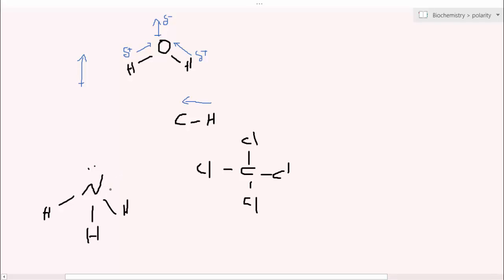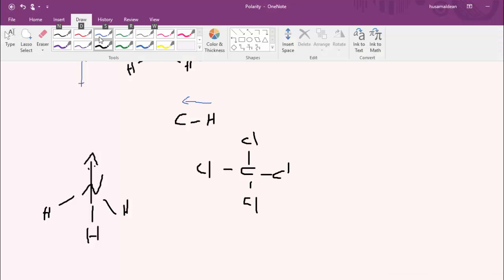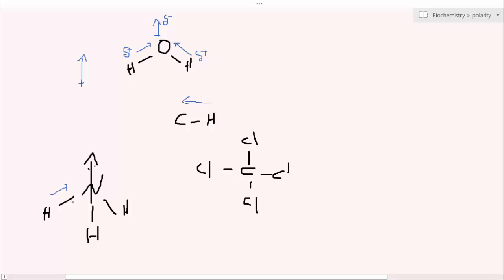You should know the structure of a molecule to determine if it is polar or not. Here, the nitrogen is pyramidal in shape, so a net dipole moment will be directed upward. Since every hydrogen is less electronegative than the nitrogen, the arrows would be pointing this way.